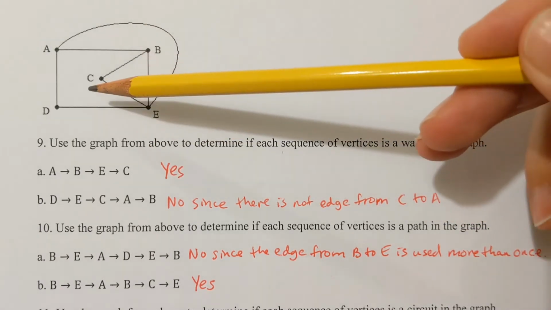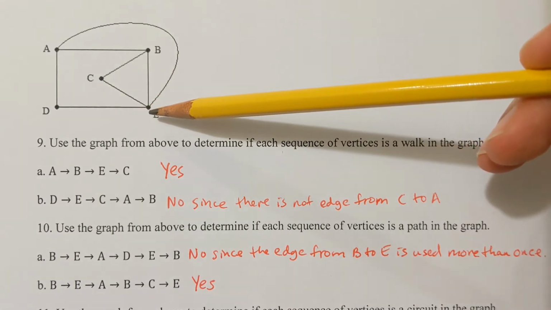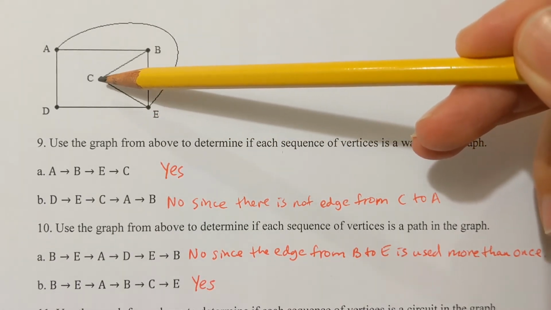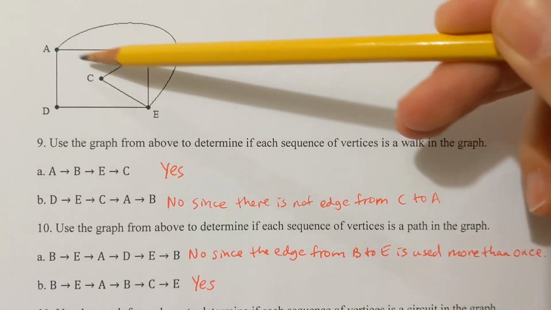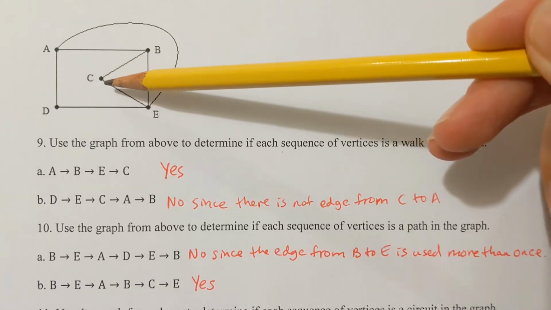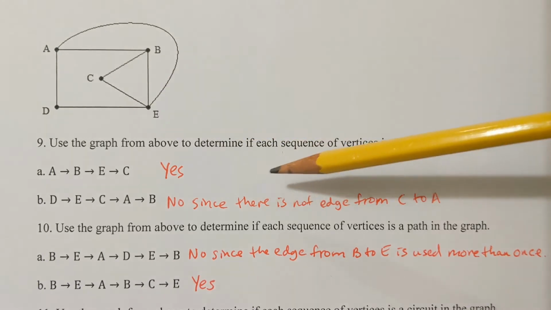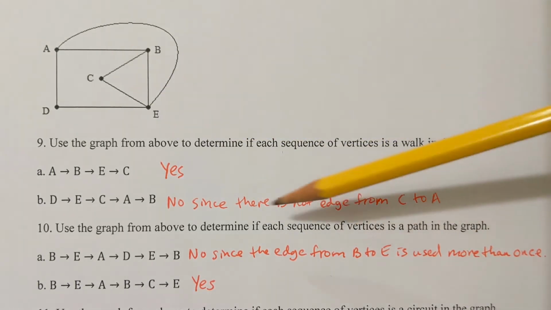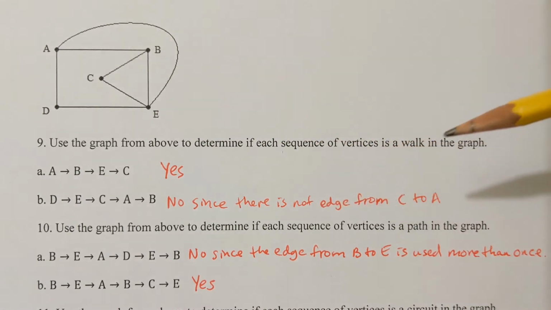But if I go D to E to C to A, well, C doesn't join A, so that would not be an example of a walk, since C does not join A.